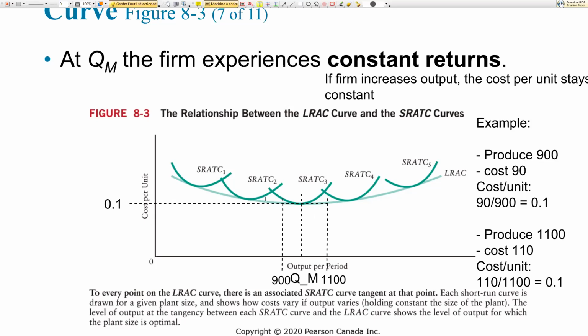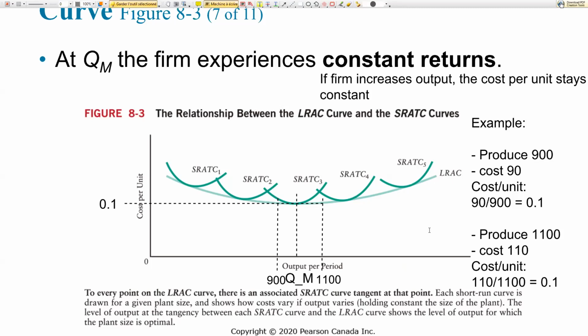But here we say that it's only flat around this QM. And I'm going to say a bit more about why we say that eventually you stop having constant returns.